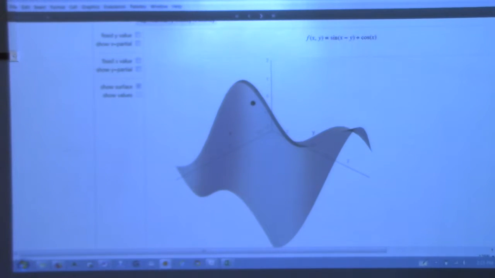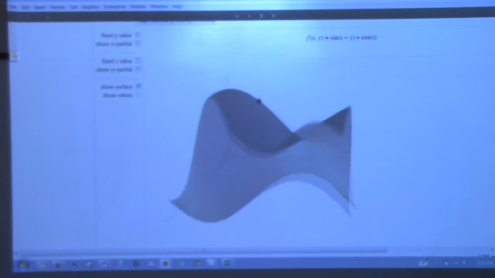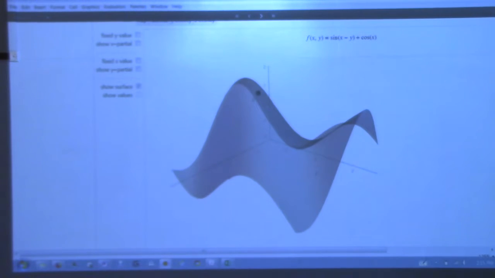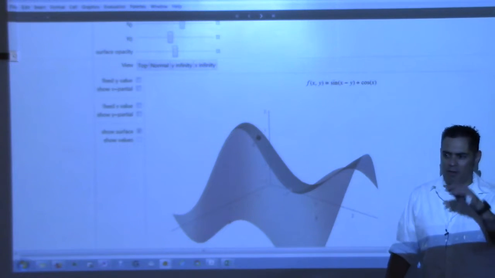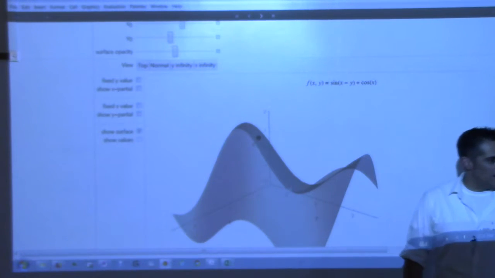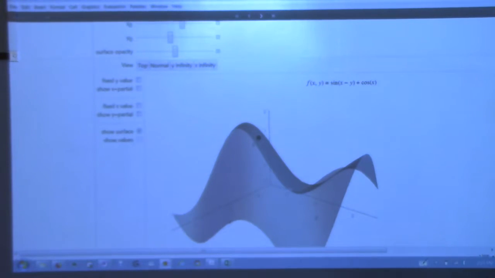Everyone see that point on the surface? Now, what is the slope of the tangent line? Well, in Cal 1, there was just a curve, and it made sense. There was only one line, right? So what am I talking about here? Slope of what tangent line?